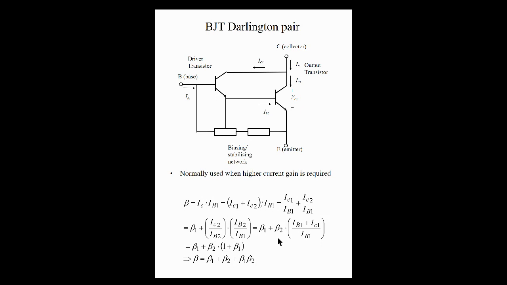That's all I'm doing right here, multiplying the top and bottom by IB2. So we're not really changing this ratio. By doing that, we now look at IB2.